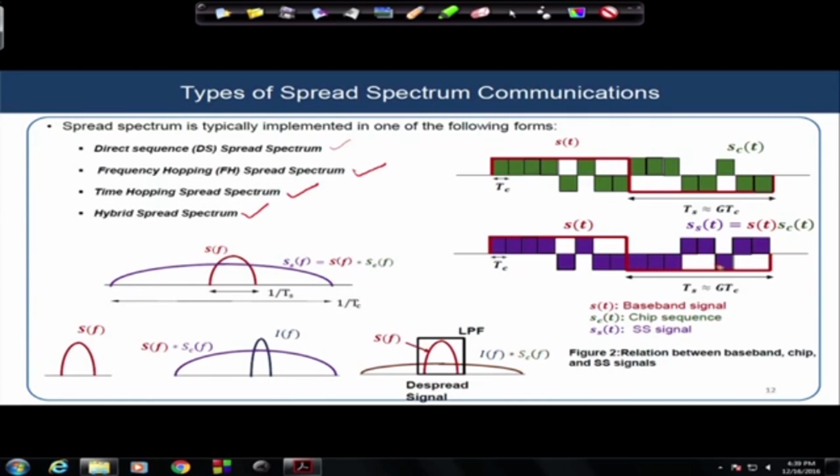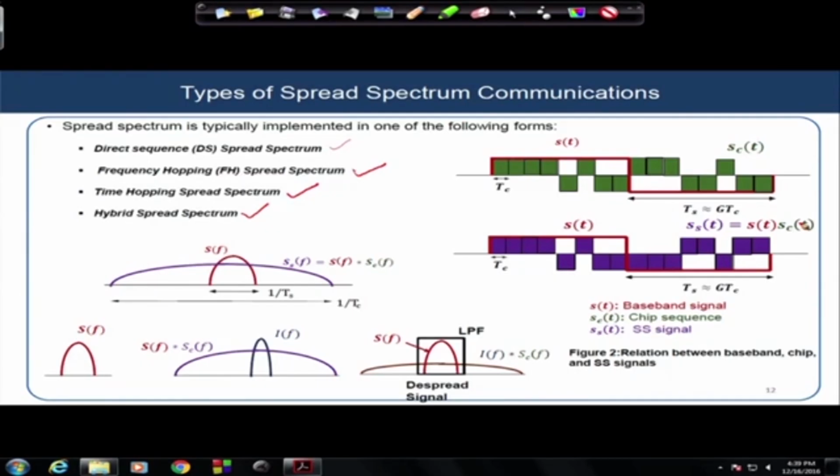Once these two signals are multiplied with each other, you end up with this blue signal, which is the spread spectrum signal, obtained by multiplication of S(t) and Sc(t). Where the data pulse is positive, you will not see any change in the phases of Sc(t), whereas during the negative pulse you will see a lot of changes in the pulses.